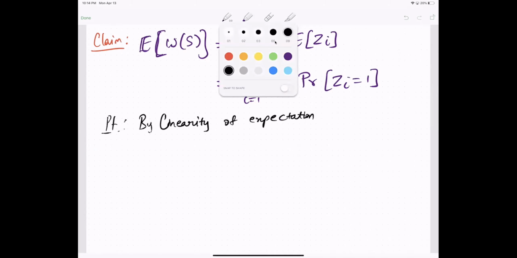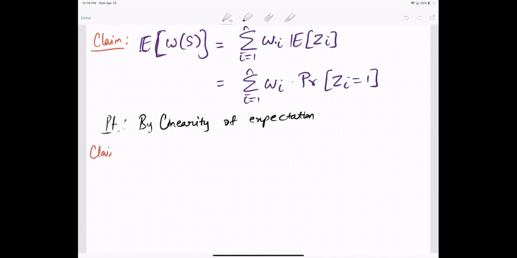What's the next claim I want to make? This is also obvious.